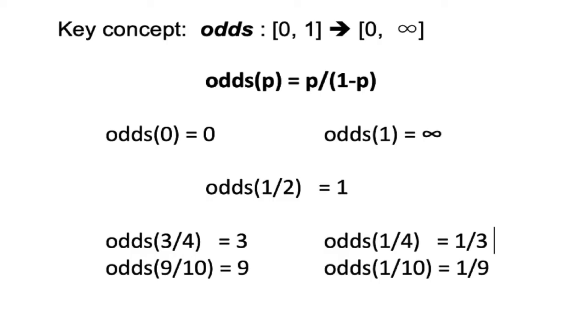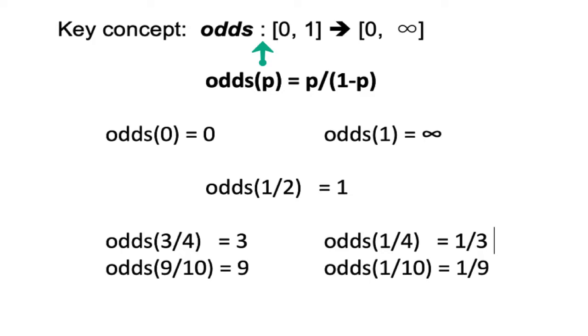Now we'll pay a little visit to the land of Oz. No, the land of odds. Decision makers, for example, doctors, are gamblers, and gamblers need to think about odds. The key concept, a little bit more math. Here's a function, odds. Like usual, the colon is read as "is a function from."